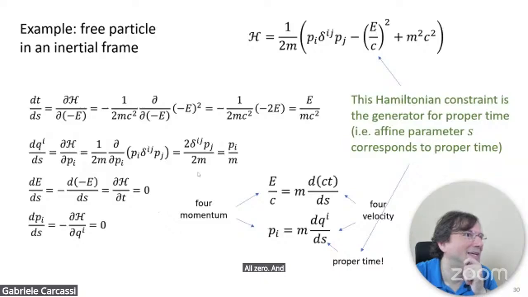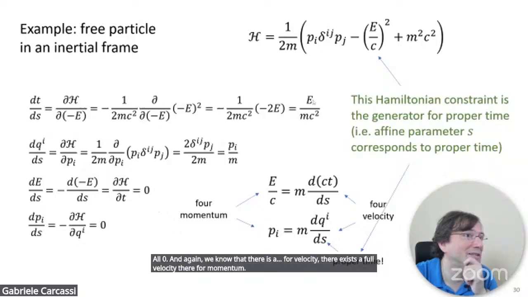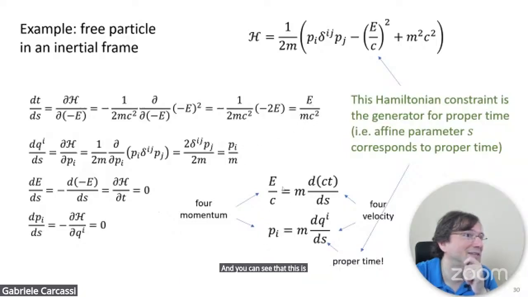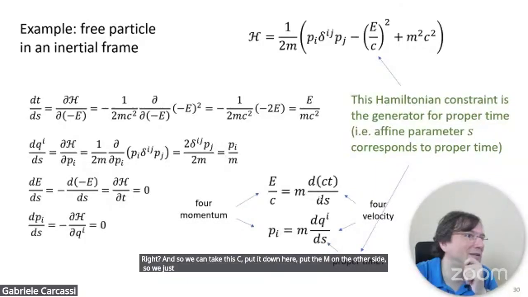And again, we know that there exists a four-velocity and a four-momentum. Now you can see that this is essentially the four-momentum divided by m, right? So we can take this c, put it down here, put the m on the other side, so we just have m dct over ds. And for this, we just have p equals m times the derivative of the position with respect to time.